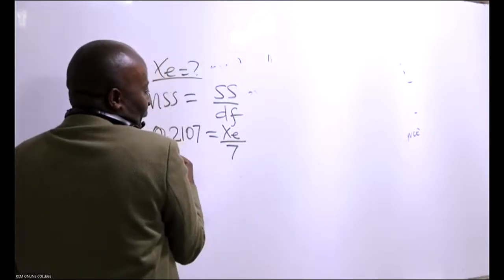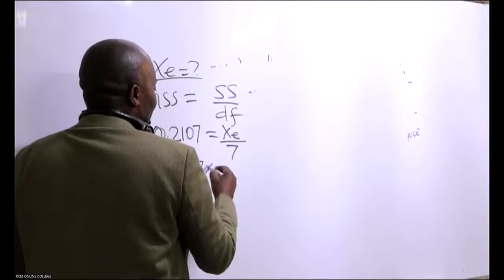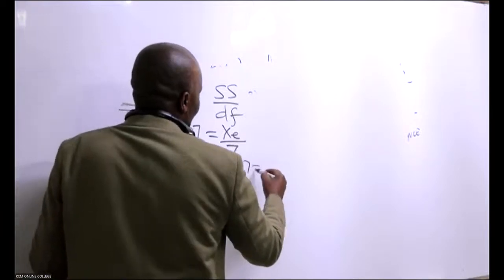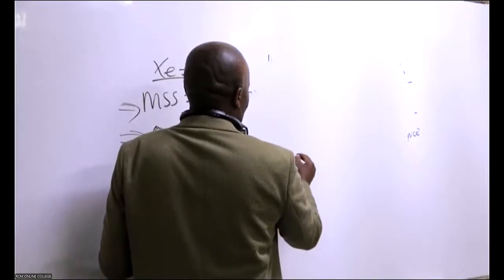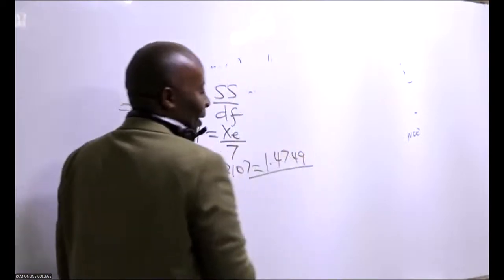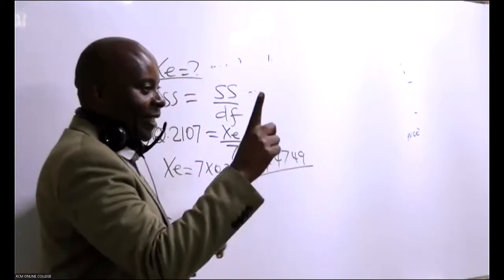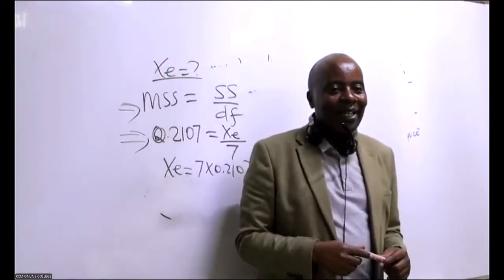So when you cross multiply, we shall be able to get XE as 7 times 0.2107, which will end up giving us 1.4749.